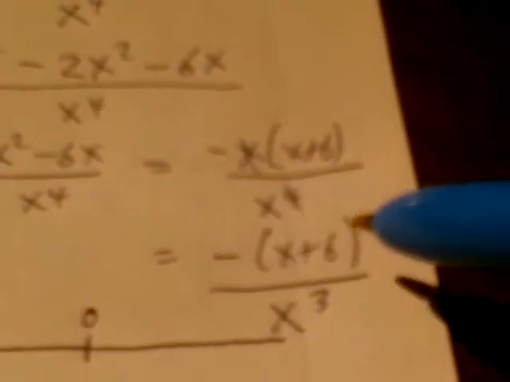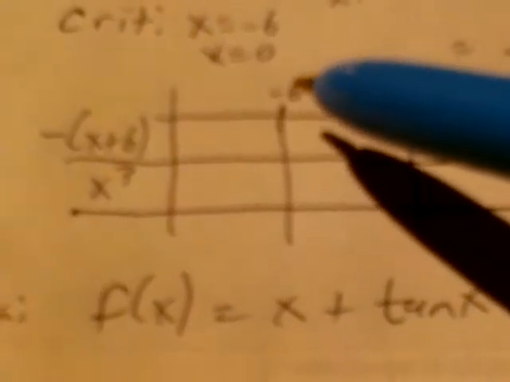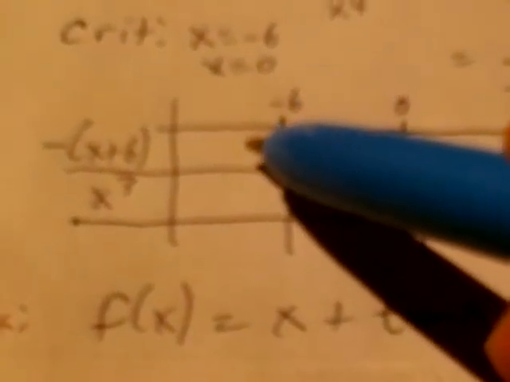our two factors. The factors are -x plus 6, that's one of them. Remember to use the parentheses. And we got x cubed as the other factor. So we're going to pick a number less than -6, such as -7.